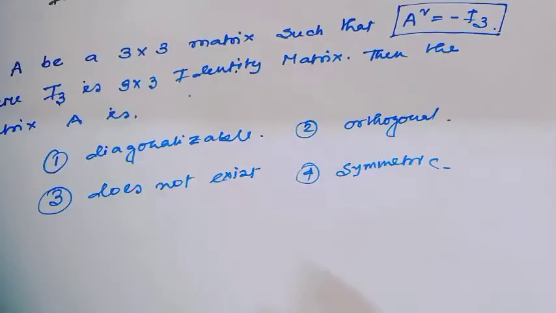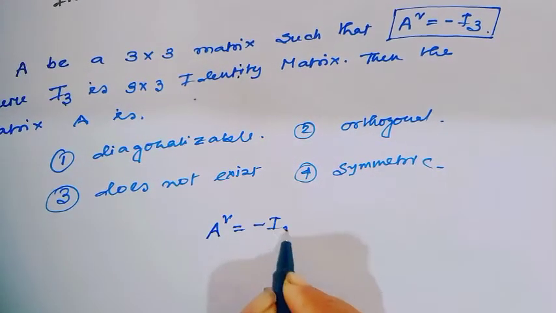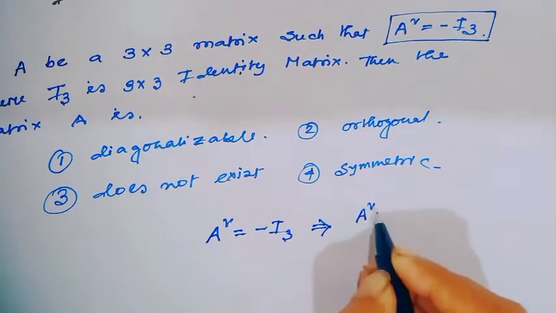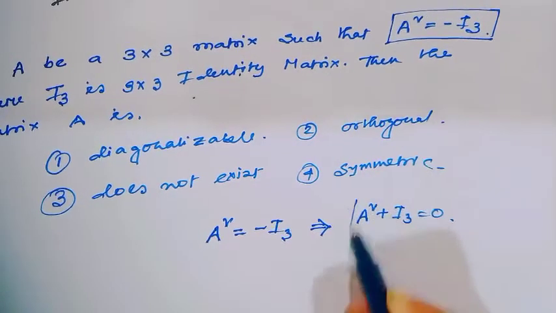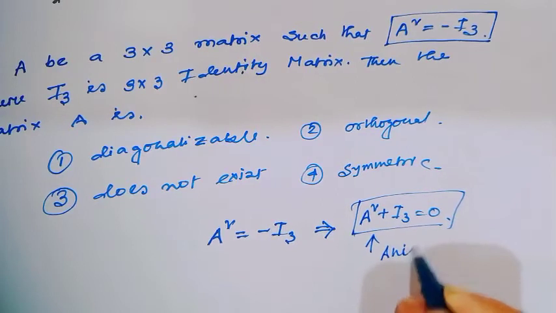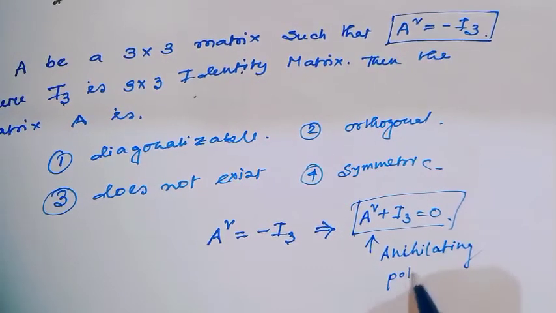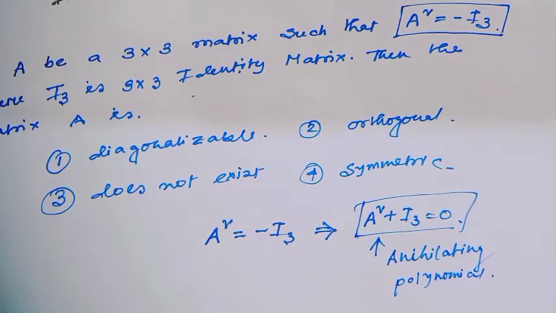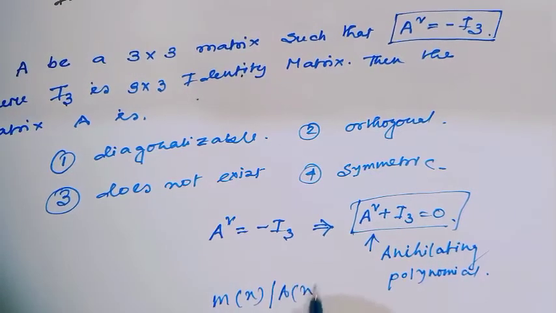Notice here A square equals minus I3, that means A square plus I3 equal to 0. Obviously this would be the annihilating polynomial. And all of us know the minimal polynomial always divides the annihilating polynomial.